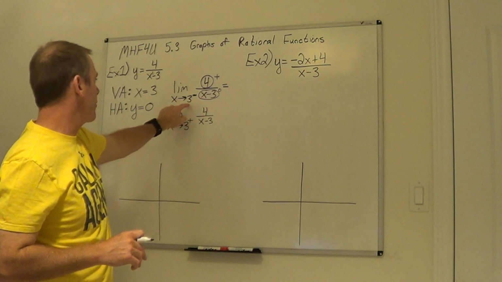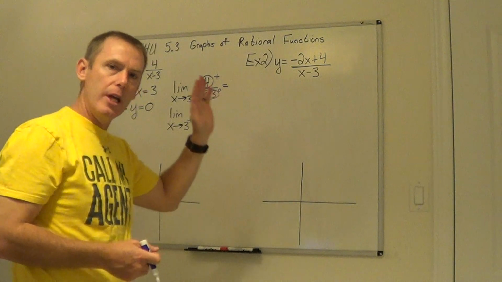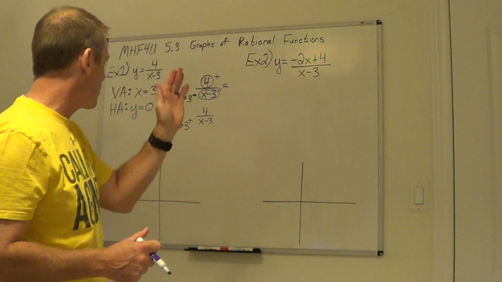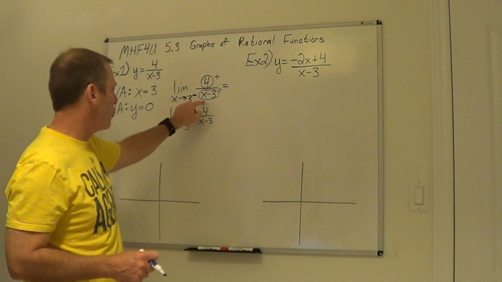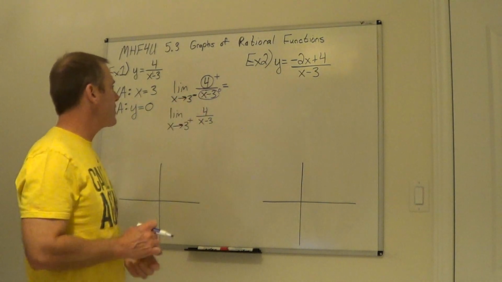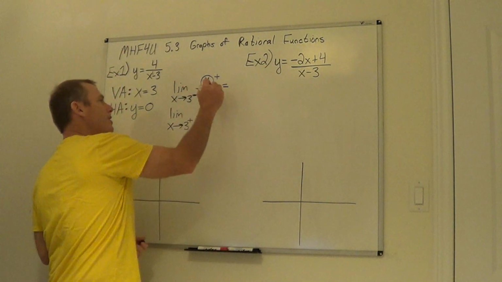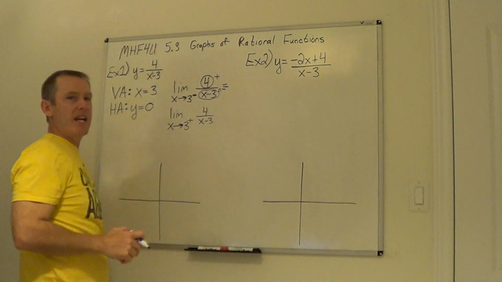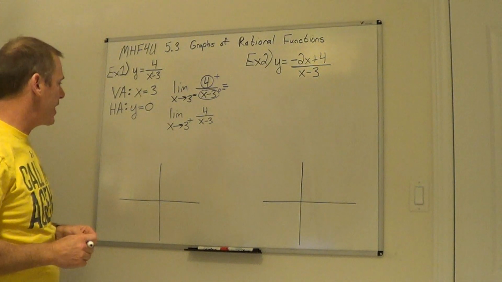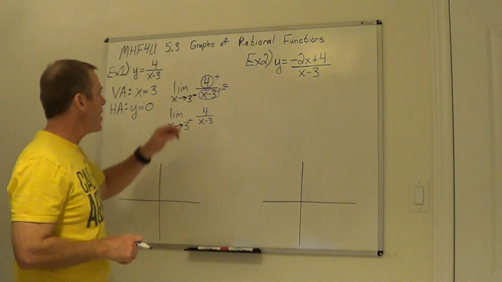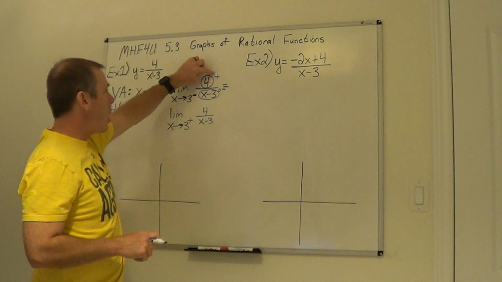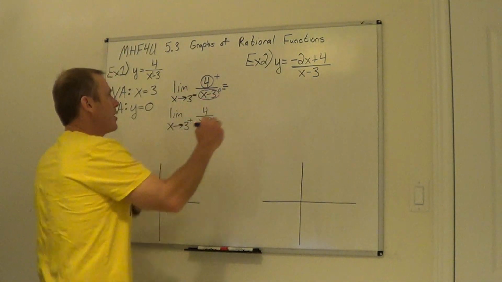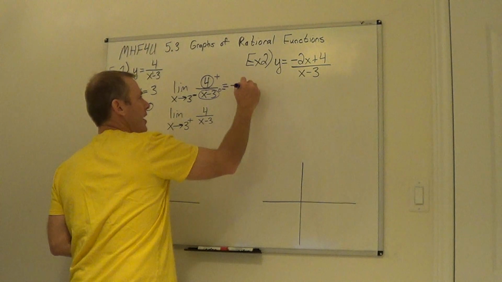Well, if I'm approaching 3 from the left-hand side, so you're looking at numbers like 2, getting really close to 3, 2 minus 3 is a negative number. So before this denominator hits 0, it's going to be negative. I can't hit it because it's a vertical asymptote. So now, if I take a positive number and divide it by a very, very small negative number, I get negative infinity.